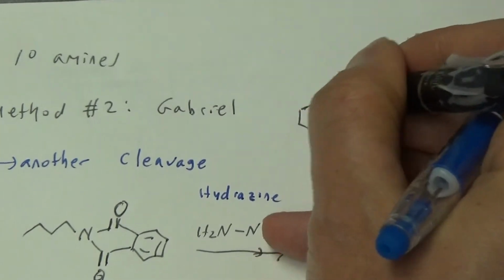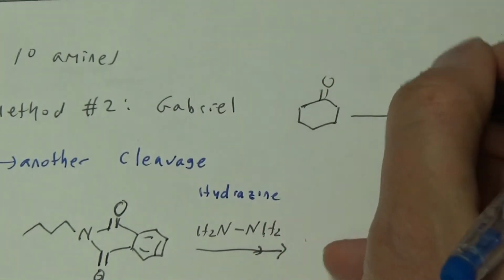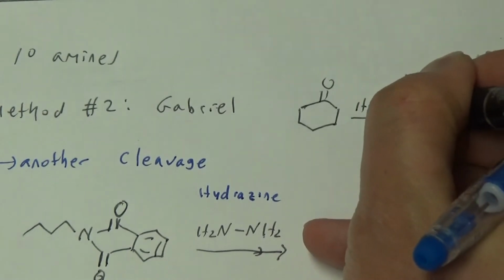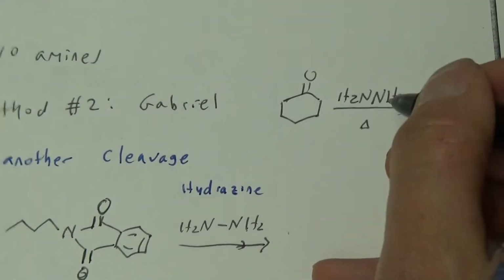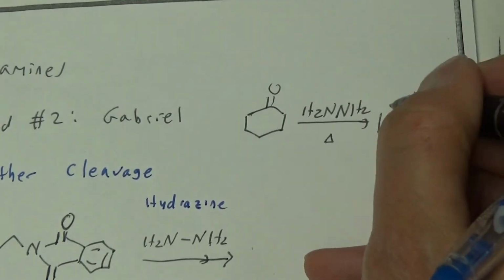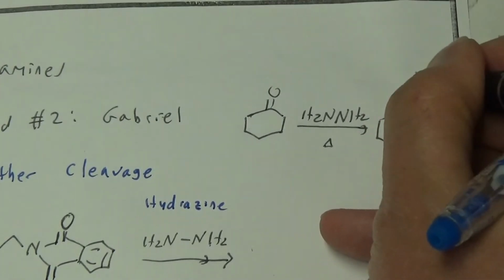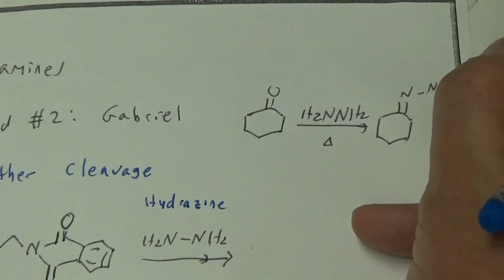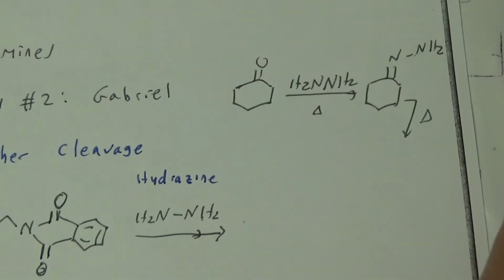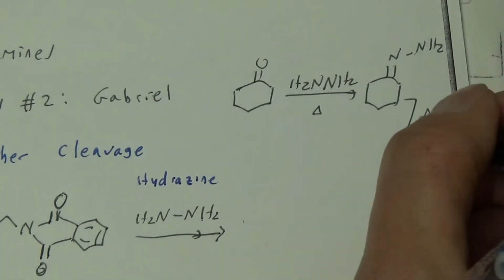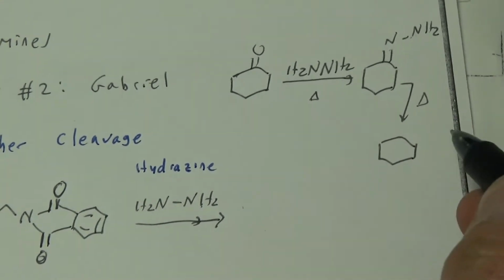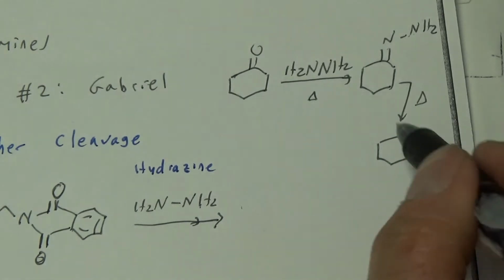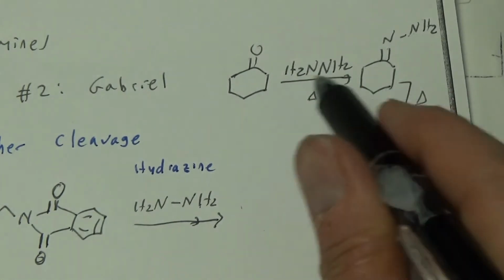So if you have a ketone, you could do NH2, NH2, heat to make a hydrazone. Heat that stuff up, and then the ketone goes away. So it's a way to deoxygenate a ketone or aldehyde.